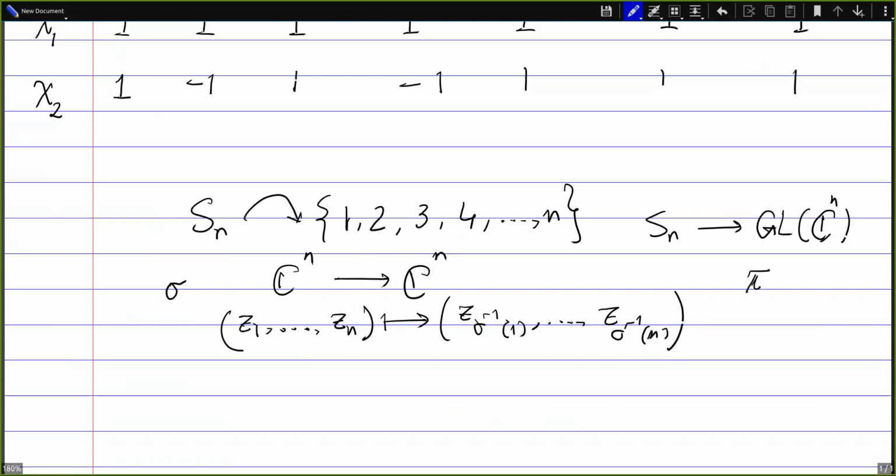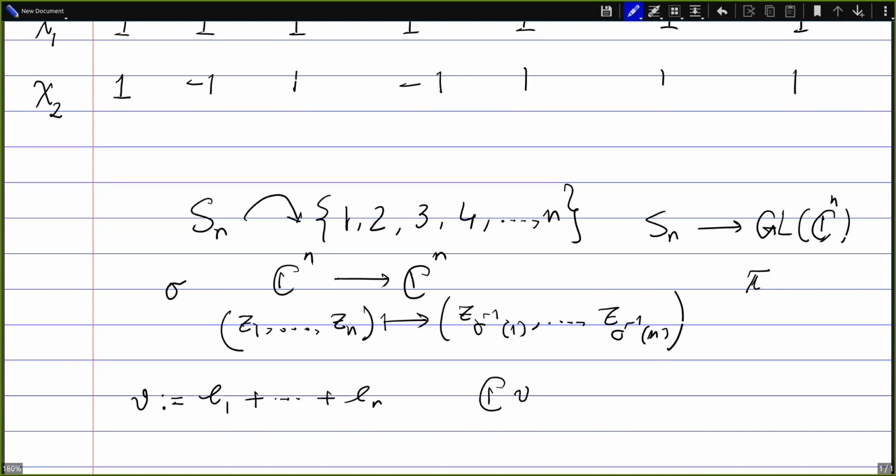It's easy to see that this representation is not irreducible, because the vector V, which stands for (e1, e2, ..., en), is an invariant vector of this representation.